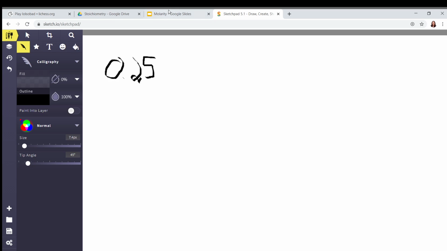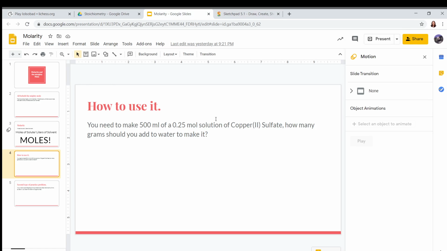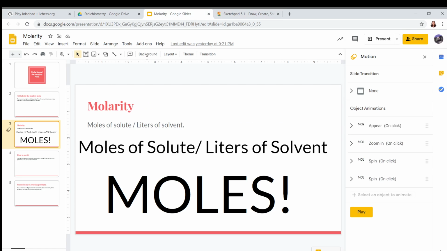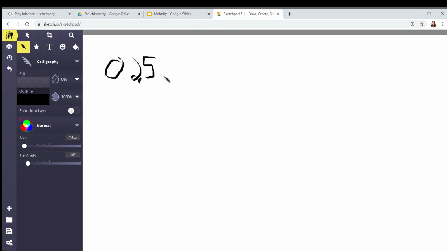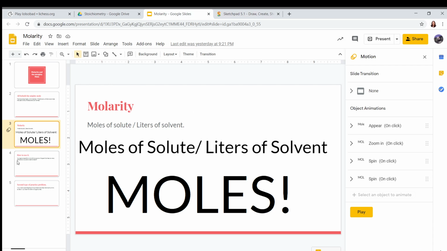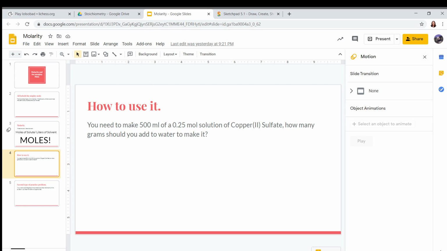So this is moles over liters. And our problem says that we're trying to make 500 milliliters of solution.